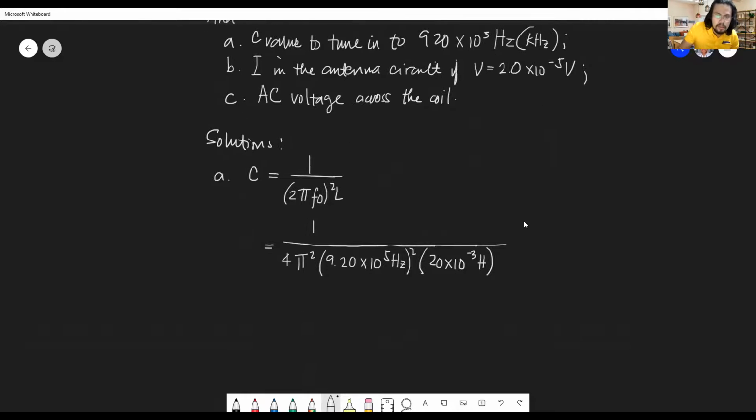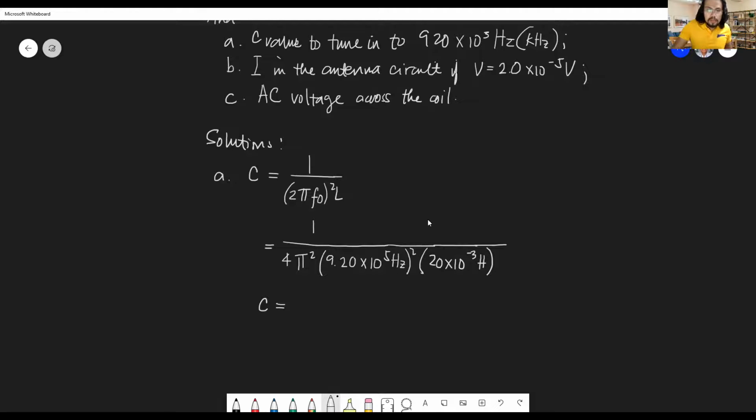So it's good that we can already solve directly for the capacitance in farad. How big is this? Let's try to solve. On my calculator: 4 times pi squared, 9.2 squared, times 20 times 10 to the negative 3.